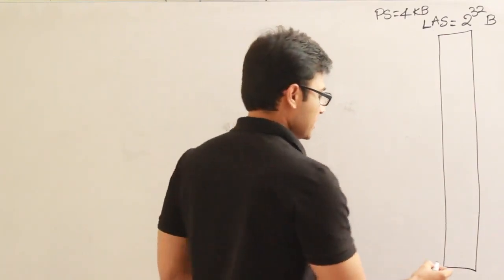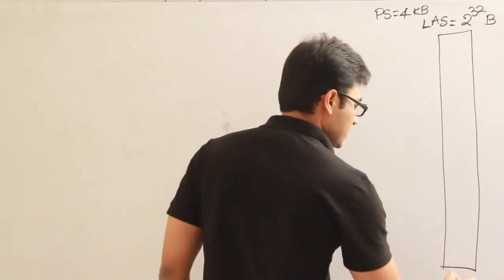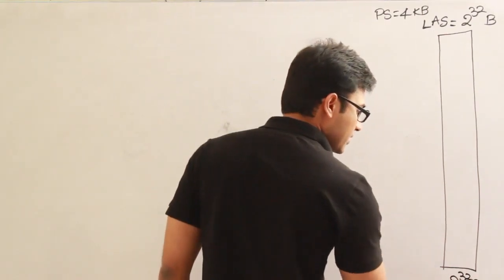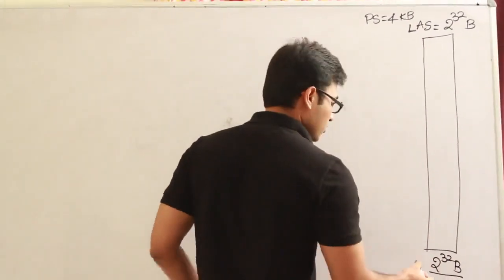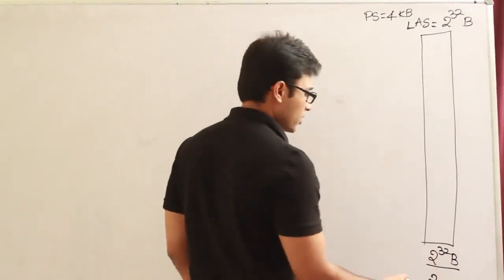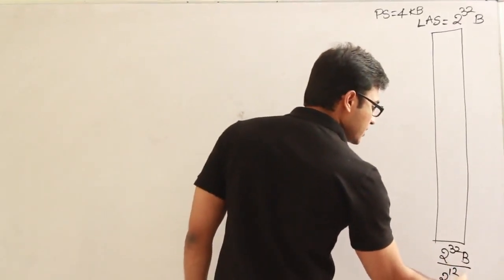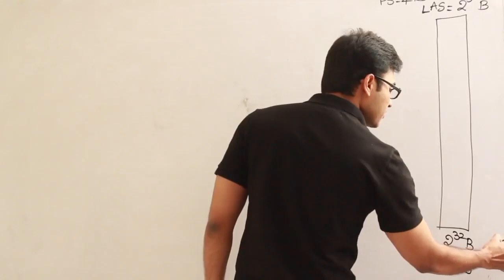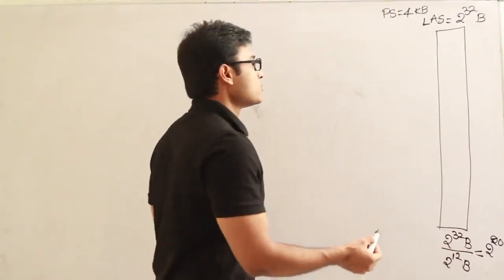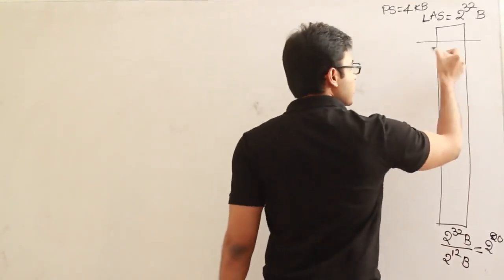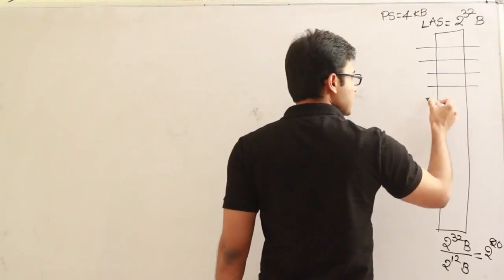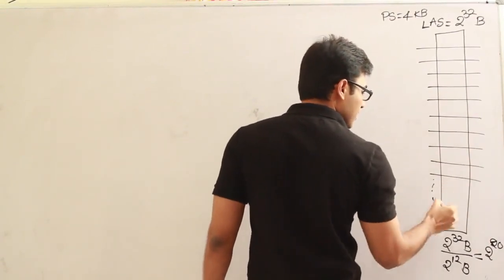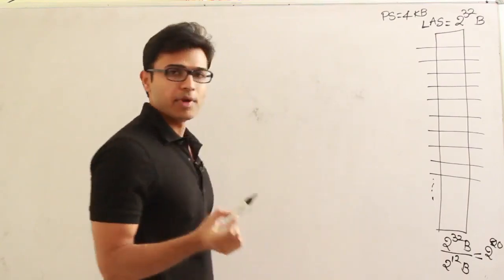If the entire process size is 2 power 32 bytes, and the page size is 4 KB, which is 2 power 12 bytes, then how many pages do we get from this? We get 2 power 20 pages from this process.